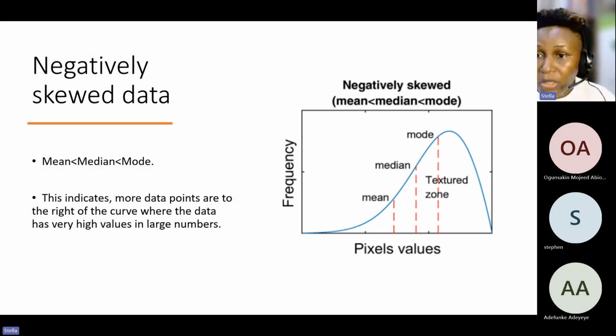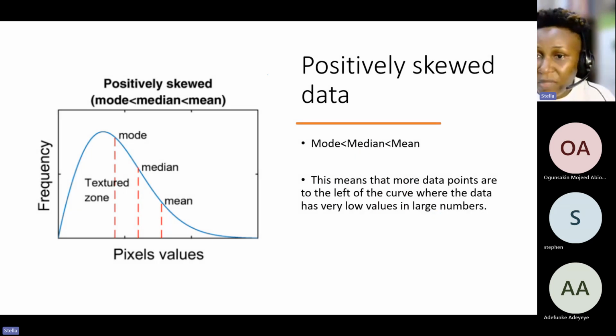Now we have the opposite scenario, the positively skewed data, where most of your data points are skewed towards the left. In this case, the mode is actually greater than the median and the median is greater than the mean. So the mean is less than the median is less than the mode.